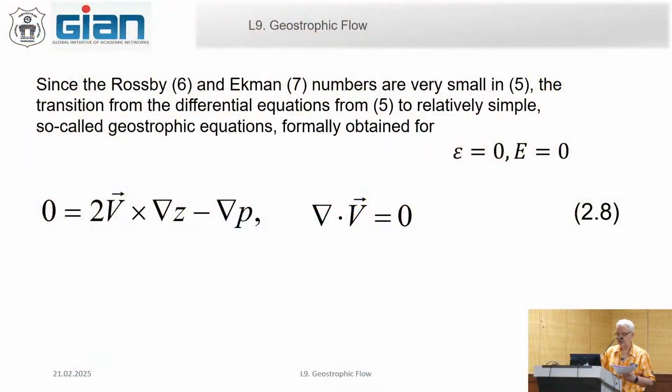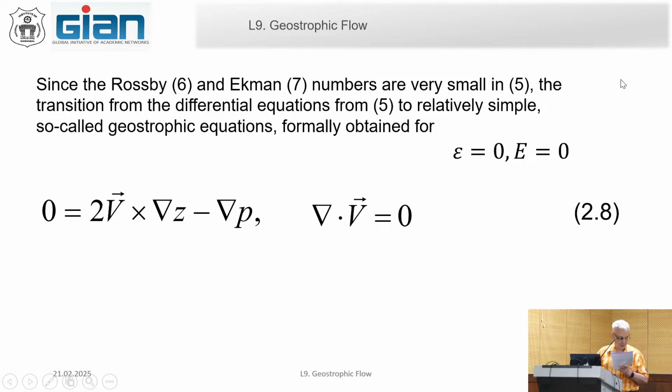Okay, so after this, I just repeat that the Rossby number, in accordance with formula 6 from the previous chapter, is small, and the Ekman number is also a very small number indeed. So they are very small in the initial equation 5, which I just showed to you.